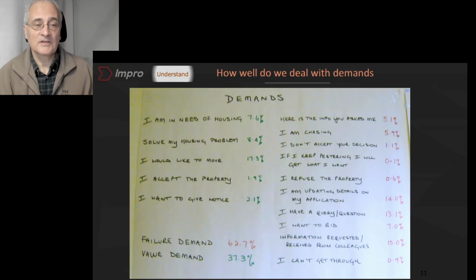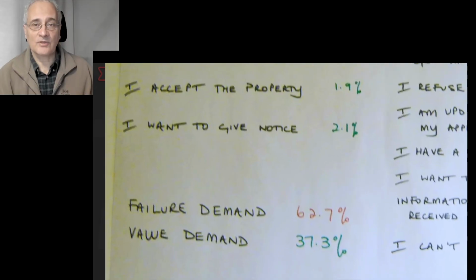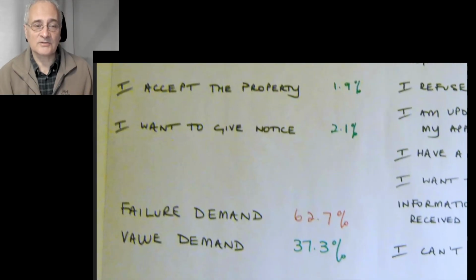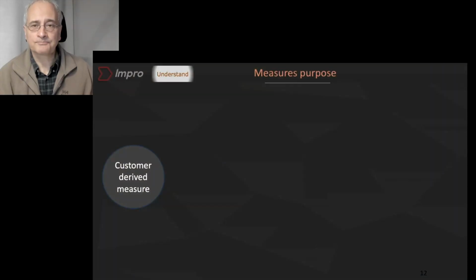And when we actually look at what the total quantity of those demands are, the failure demands are 62.7%. So that was the first indication that actually we have a significant amount of work that we have created in the way that we have designed the service. And this was not known to the current managers in the service at this time.